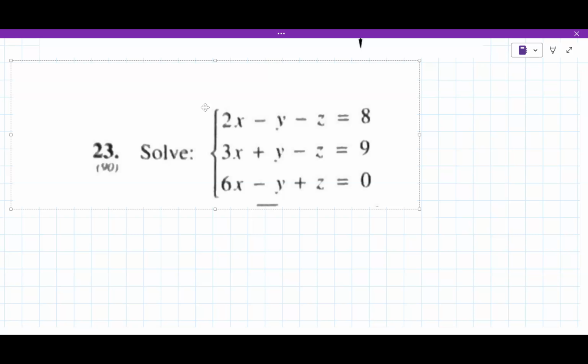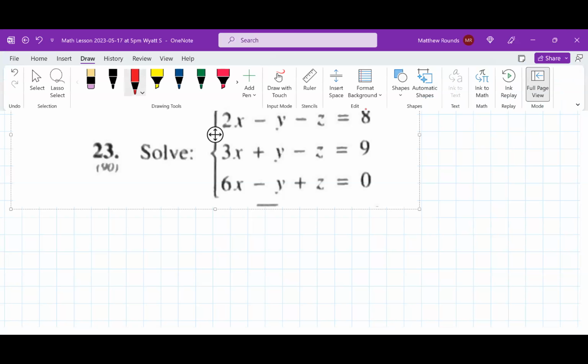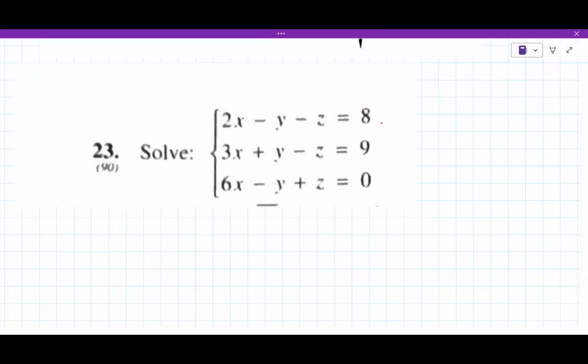If you could do that for us, please. Okay, so we're trying to eliminate some variables here. Just copy it down. What two equations did you end up combining?